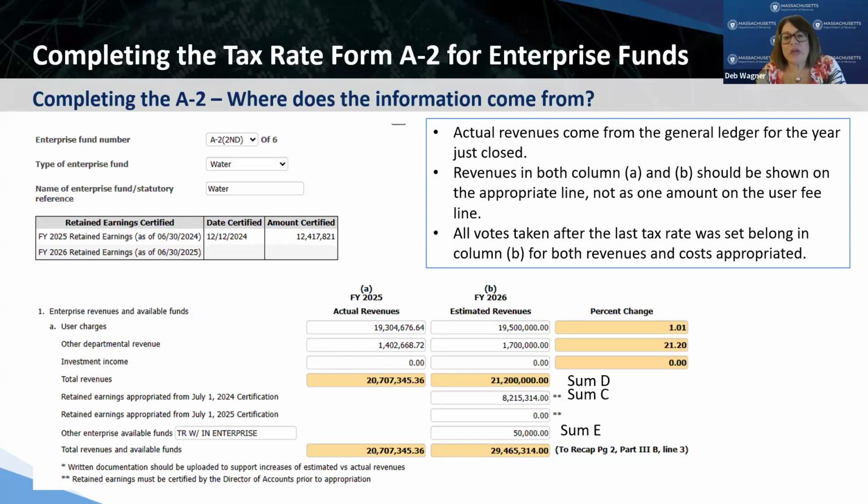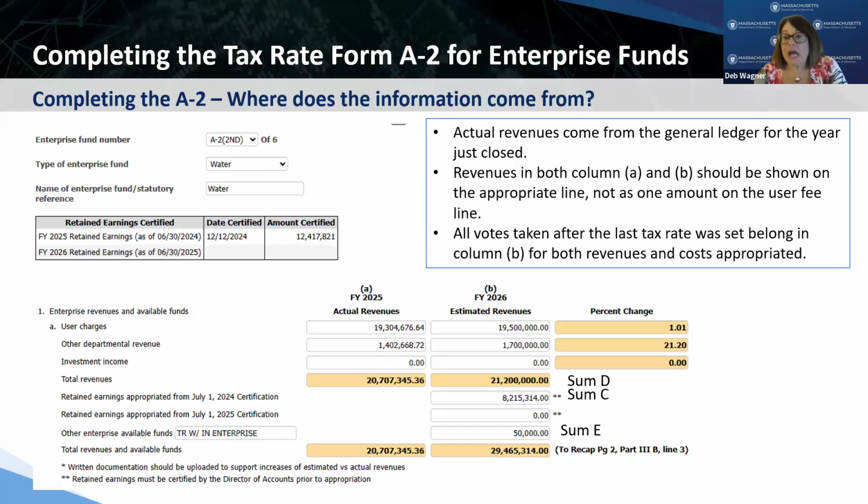Let's say that they were going to have another meeting now, and they had their June 30th of '25 free cash certified and their retained earnings certified, and they wanted to appropriate more retained earnings now. That would come from the new certification, and there would be an amount on the July 1st of 2025 certification line.